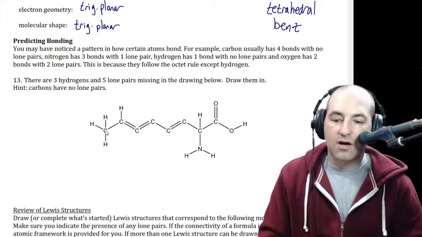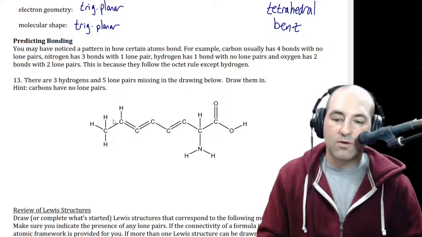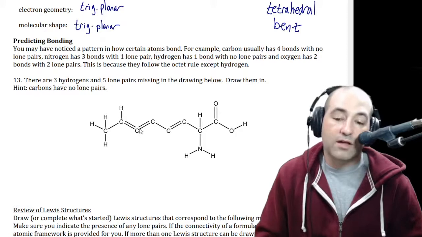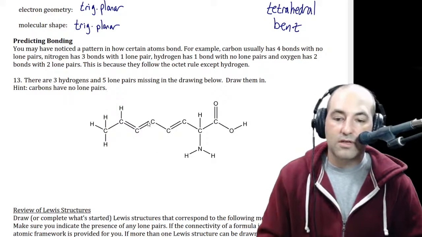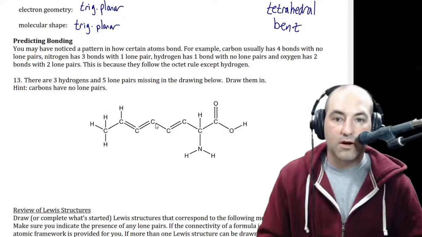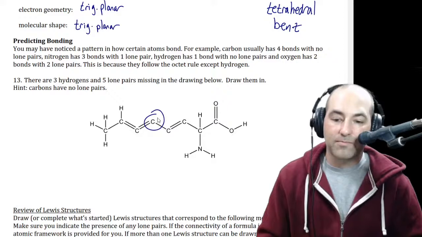So this carbon has 4 bonds, no lone pairs, just like carbon likes. So we're going to leave it alone. Same with this one. 4 bonds, no lone pairs. Perfect. This one is in a little bit of a weird situation, and it should be linear. But we can say, all right, four bonds, no lone pairs. Good. We move over to this carbon, and suddenly we see 3 bonds and no lone pairs. And that tells us something's wrong. That carbon is not following the octet rule.